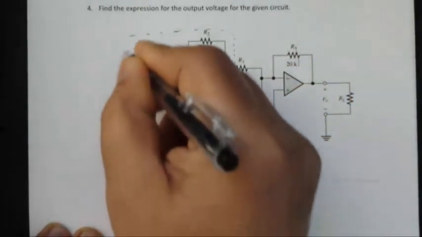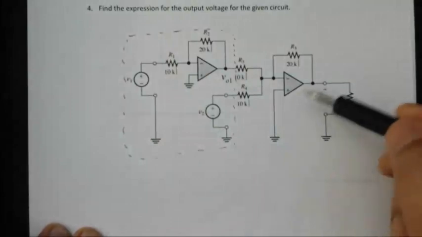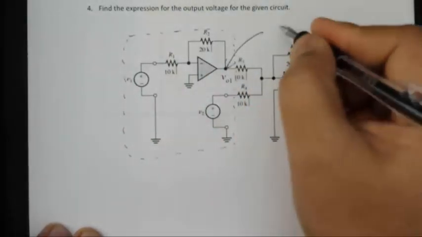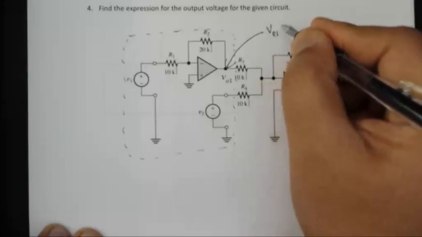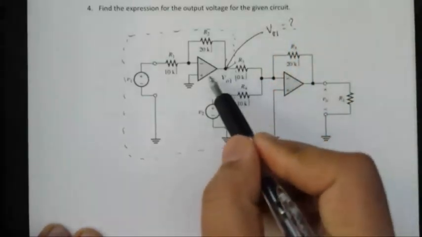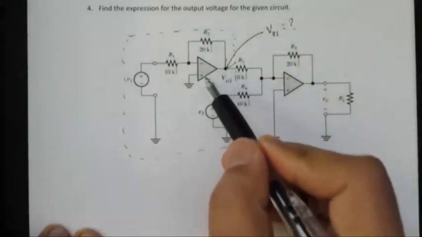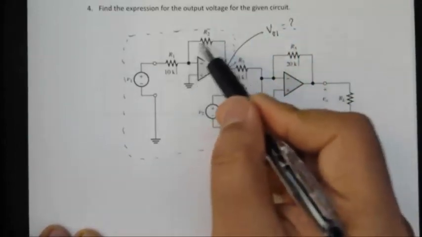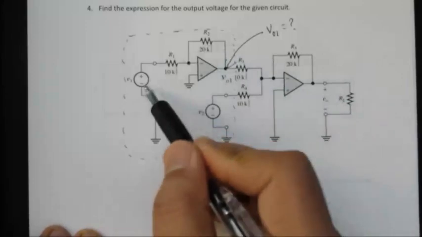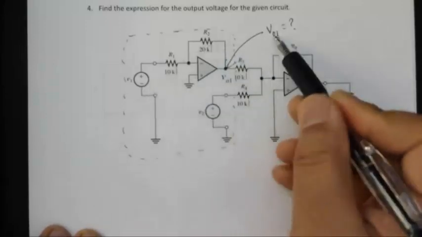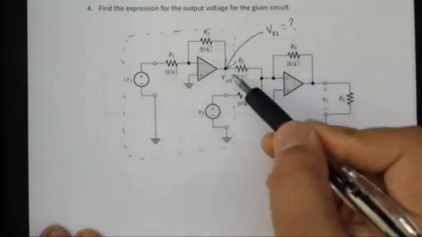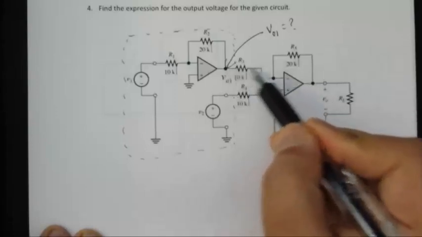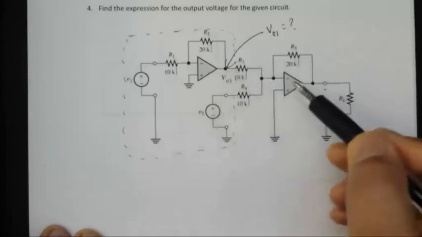Before you apply input to the second op amp, first you need to figure out this voltage output, let's say VO1. This first stage of the op amp is just the inverting amplifier, with the resistances in terms of V1. You can right away find VO1, and after that you're applying two voltages here, this and this, to the inverting input.